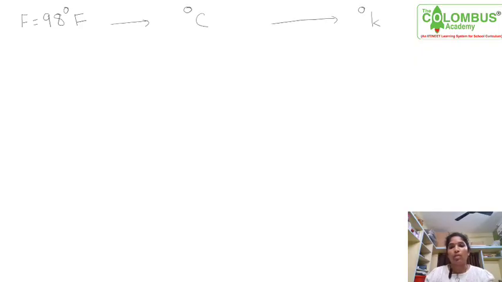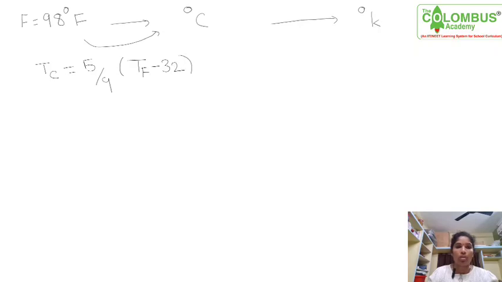If I want to convert Fahrenheit into Celsius, we know that Celsius is equal to 5 by 9 into (temperature in Fahrenheit minus 32). Already we developed the relations. 5 by 9, substitute the Fahrenheit value, 98 minus 32. 98 minus 32 equals 66.